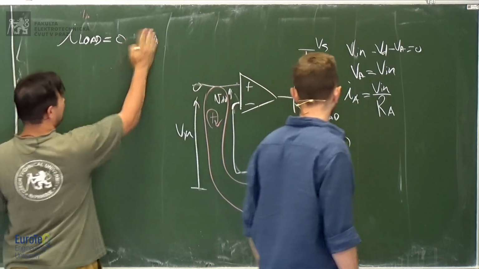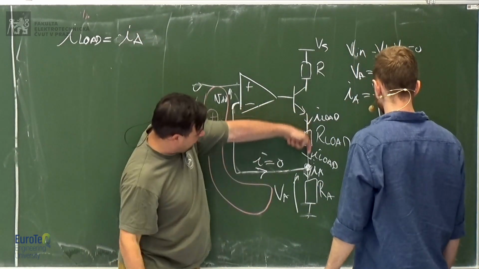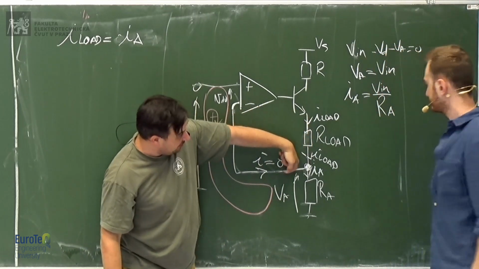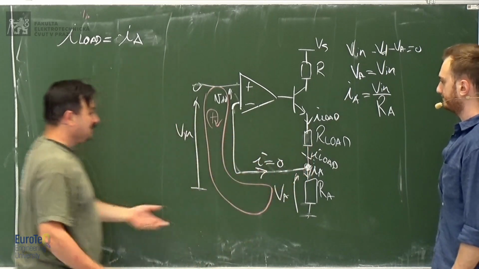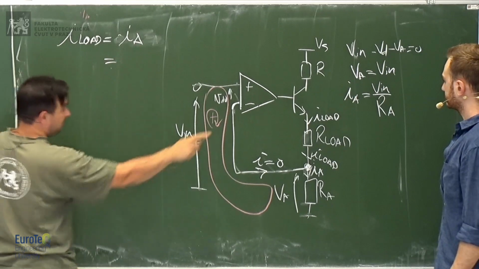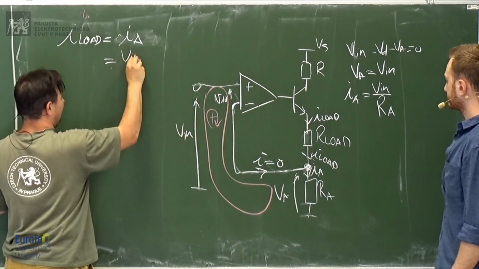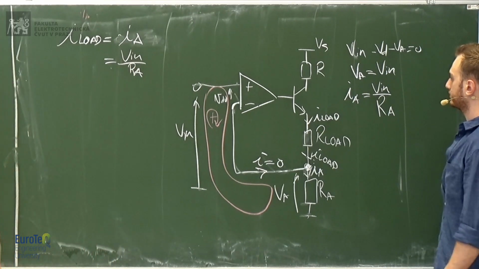Even without watching Kirchhoff, you would see that if the current of load comes here, it cannot go to here because it must be 0. So it must be definitely equal to IA, which is equal to V in divided by RA.